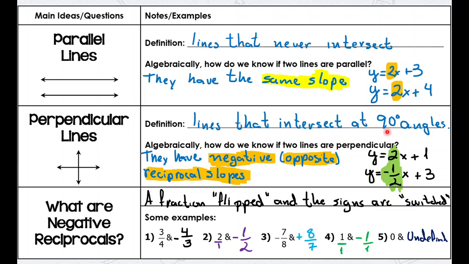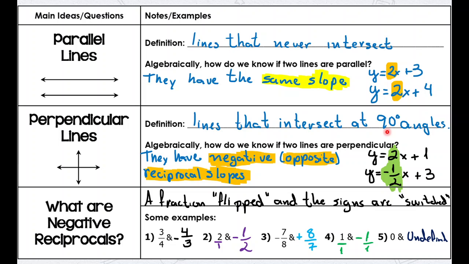And algebraically, how do we know if two lines are perpendicular? It's about the slope again, but they have a negative or opposite reciprocal slope. When I have opposite reciprocal slopes, the lines are perpendicular.